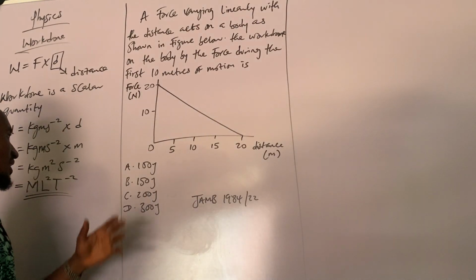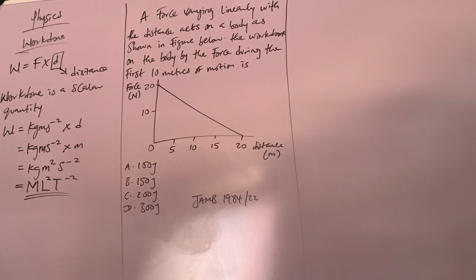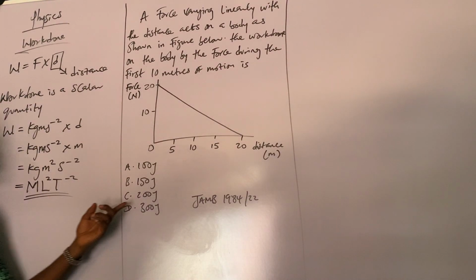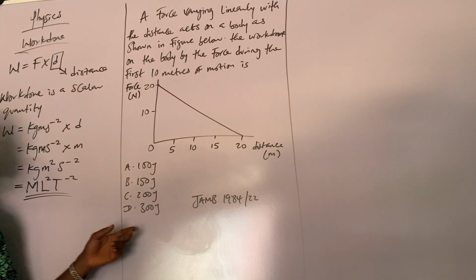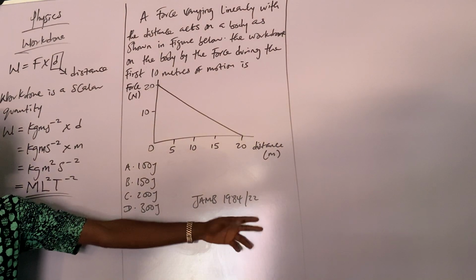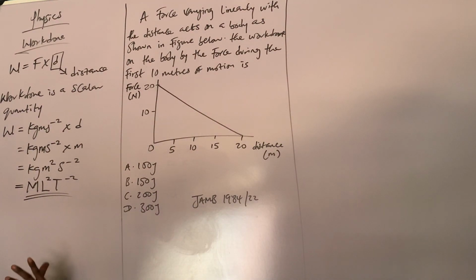Option A said 100 joule. Option B said 150 joule. Option C said 200 joule. And option D said 300 joule. This is UTME 1984, number 22. Or you can call it JAMB 1984.